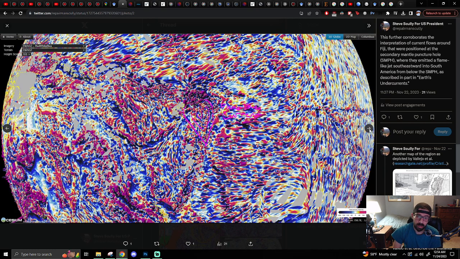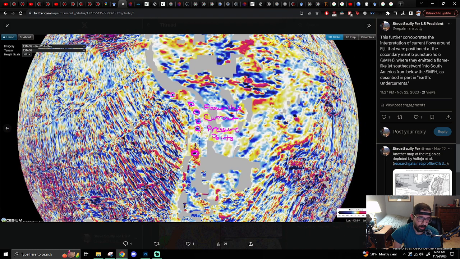Flame-like current pressure points, so I circled all these points, probably there too, where it just kind of drilled in underneath the crust and created pressure points of these divots of low magnetic intensity, where high magnetic intensity is regions of like mounds.